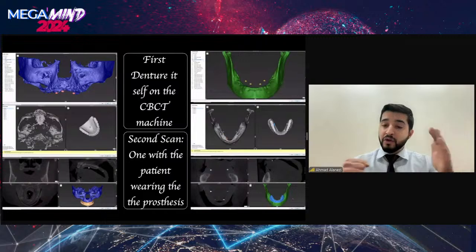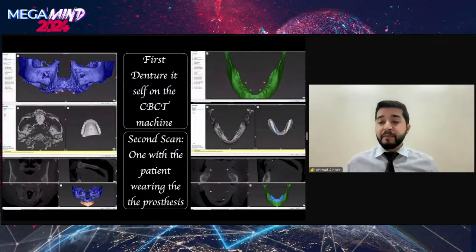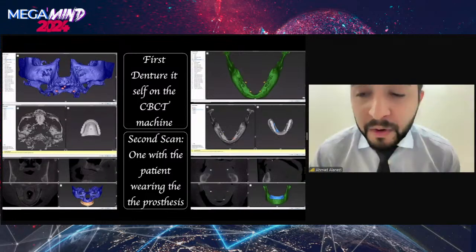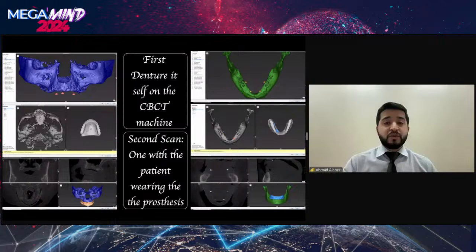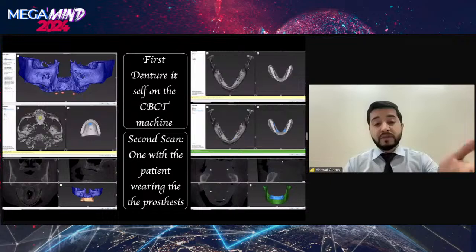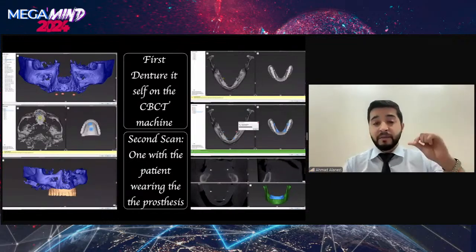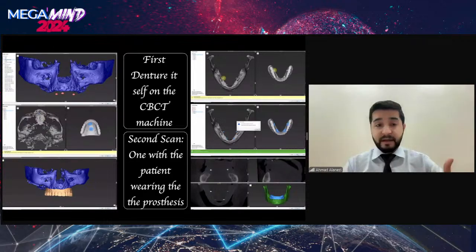You want the patient to occlude, rather than put a cotton roll, so you have the upper and lower together. After acquiring all this data, you can import this information into your virtual planning software. So you can use this diagnostic denture in order to plan your implant and to plan your future prosthetic and your surgical guide.